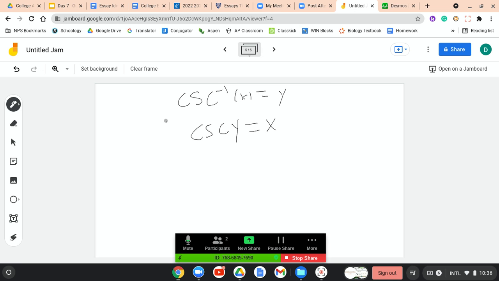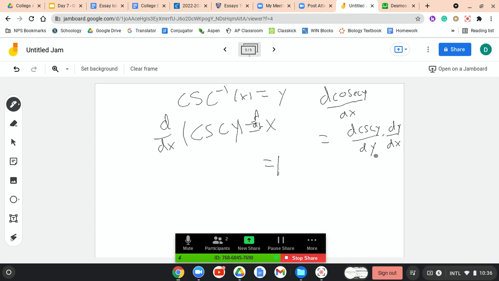Next, I'm going to take the derivative with respect to x of both sides, and I'm going to get 1 on this side. The chain rule tells us that to find the derivative of cosecant y with respect to x, I have to take the derivative of cosecant y with respect to y and multiply it by the derivative of y with respect to x.